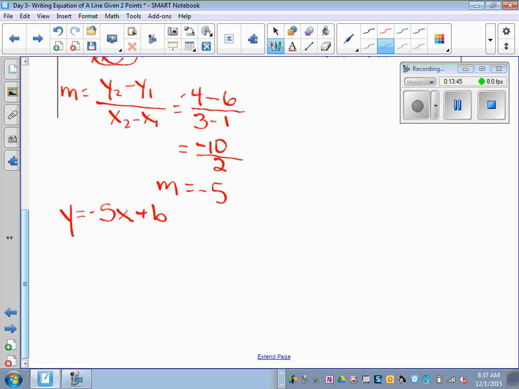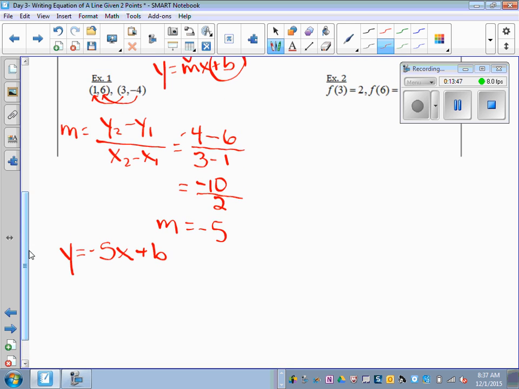Alright, again, we need to solve for b. So we're going to just choose one of my points and take the x and y value and put it into my equation. I'm going to just use my first point. So 1 goes in for x, and 6 goes in for y.